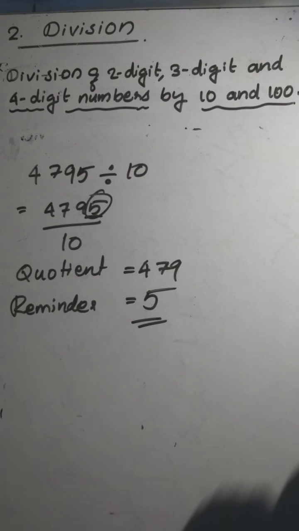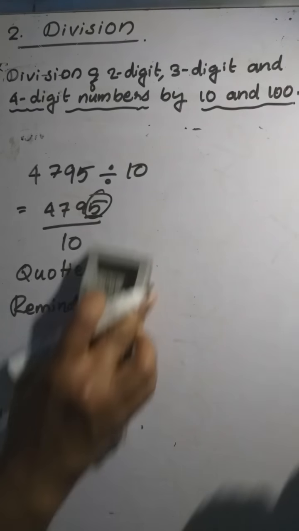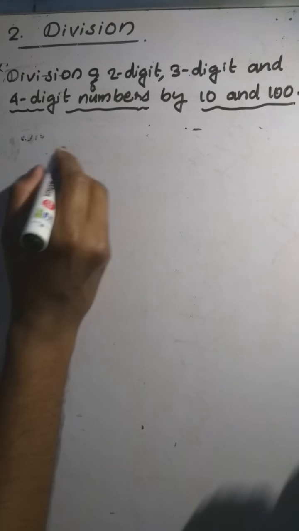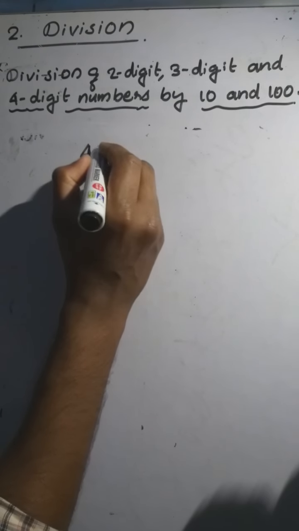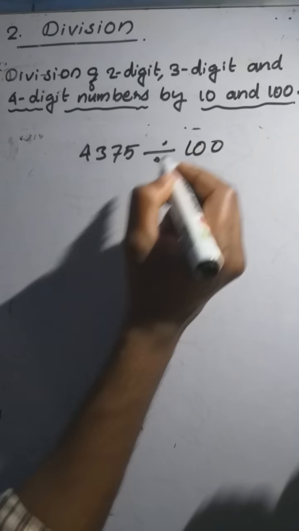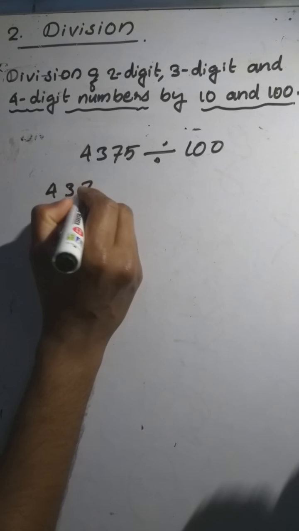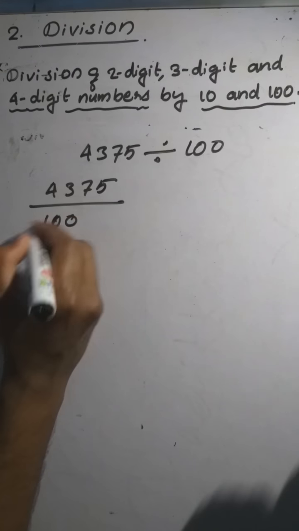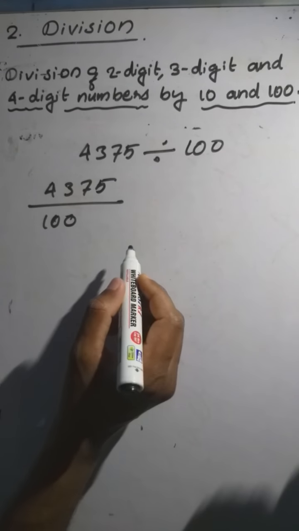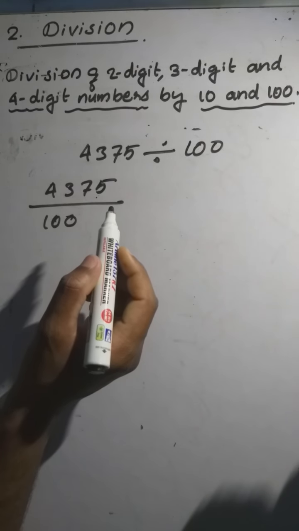Then if you want to divide a number by 100, you can follow the same steps, with only a slight difference. The number 4375 divided by 100. In the case of dividing by 10, we took only the ones digit as the remainder.